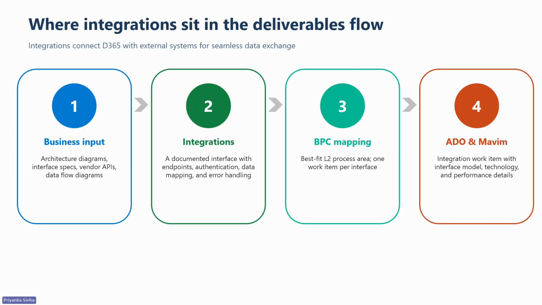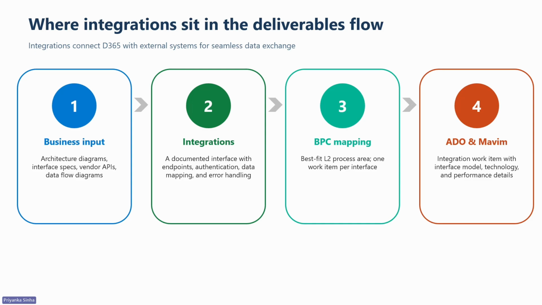This is what you are starting with: architecture diagram, interface specification, let's say vendor API documentation, data flow diagrams. This is the raw material your project team is going to work from. Then step two is the integration itself. This is what you're defining: documented interface with endpoints, authentication, data mapping, and error handling.